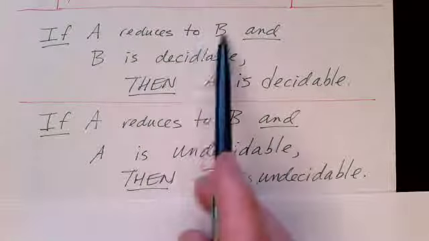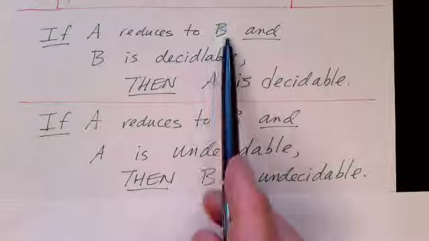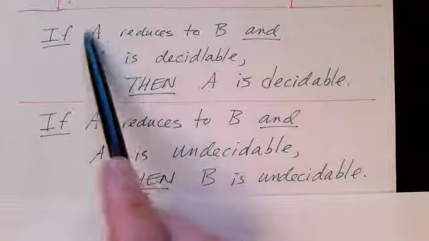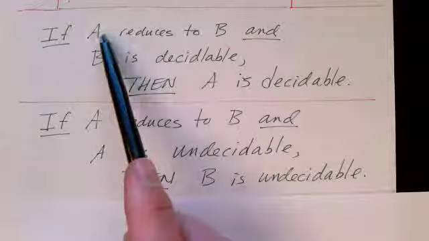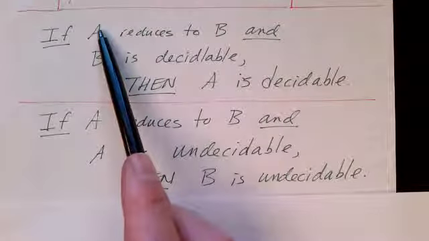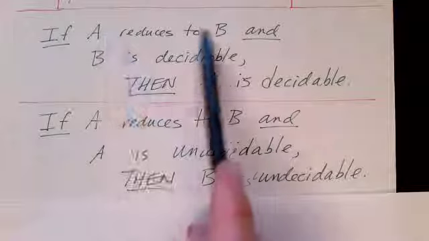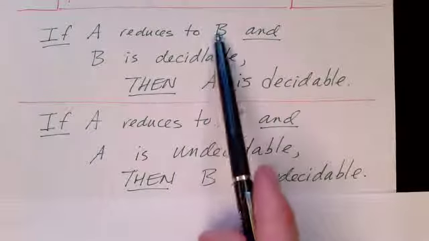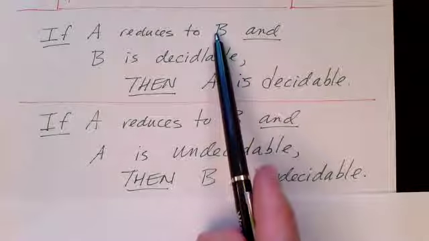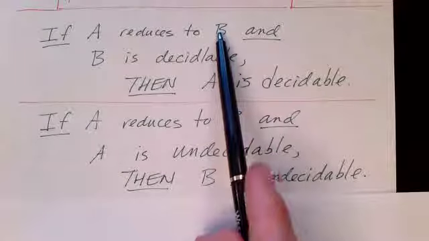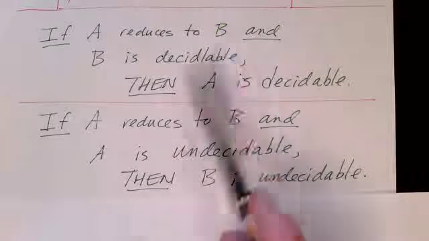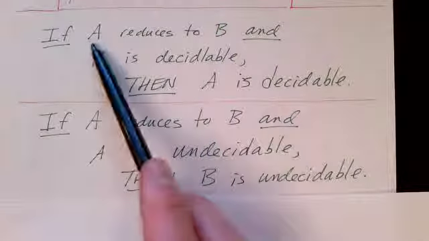If you've got an algorithm to decide B, then you can create an algorithm to decide A. All you need to do is take a potential candidate in language A, run the mapping function to a string, and then ask whether that string is in B or not. And if that mapping reduction function exists, as we've described it, then if B is decidable, A is also decidable.